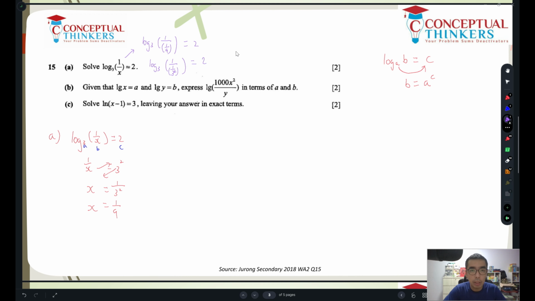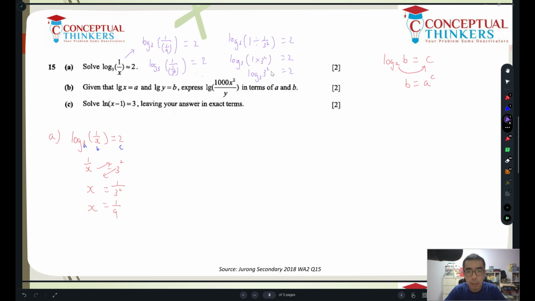This part I will bring to log base 3. So it will be 1 divided by 1 over 3 square equal to 2. Here it can be written as keep, change, flip. So I get 1 times 3 square equal to 2. This will give me log base 3 of 3 to the power of 2 equal to 2.